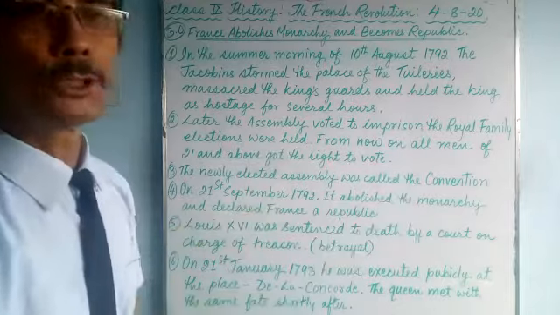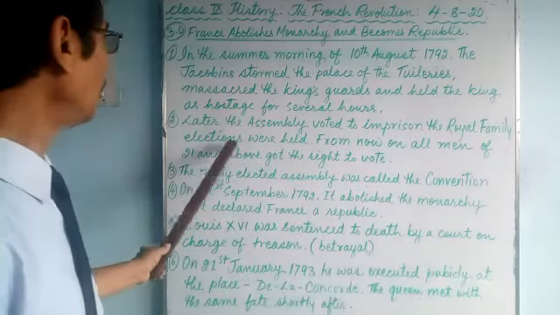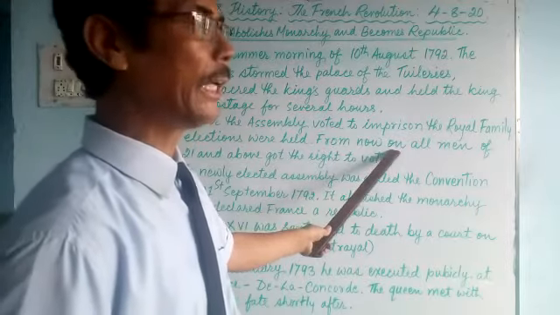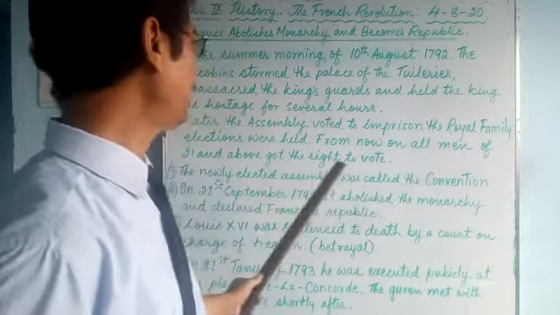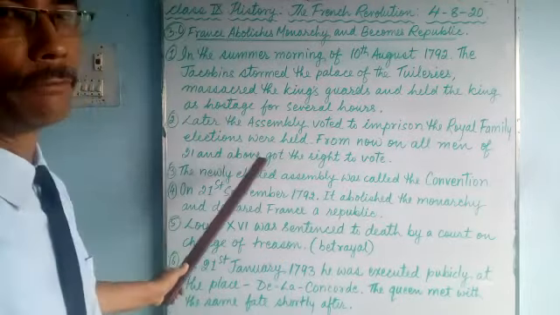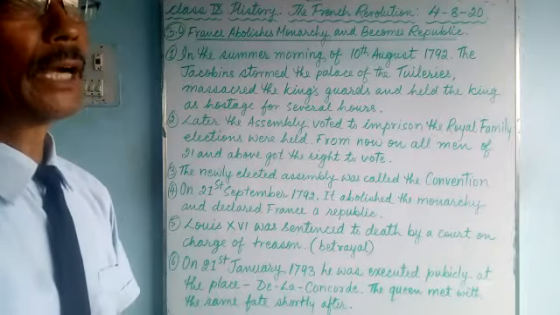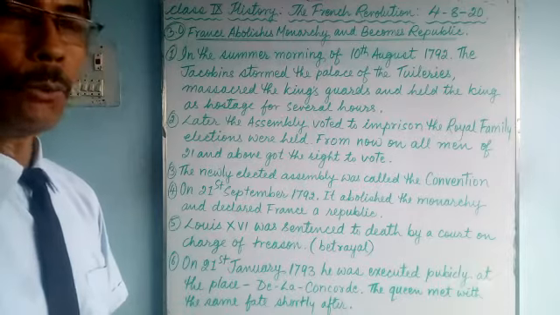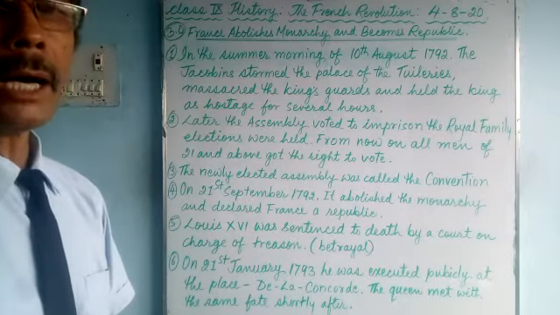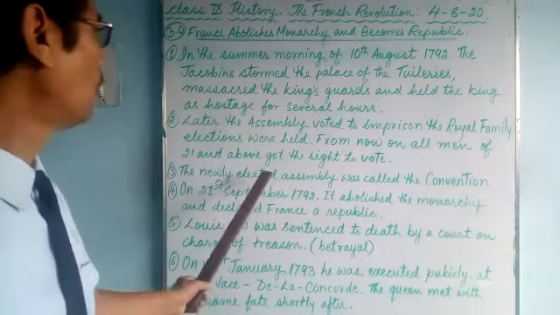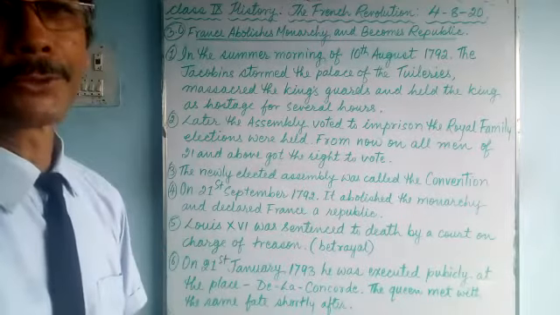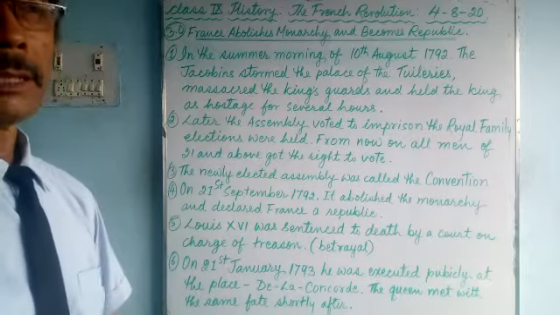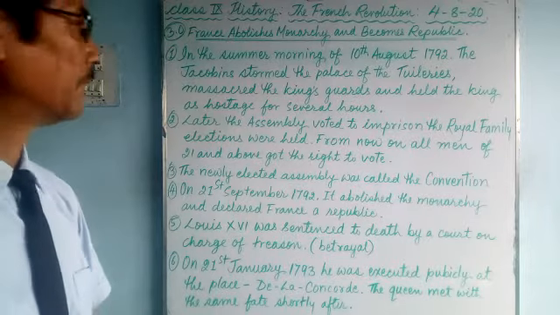The king was put behind bars. From now on, elections were held, and all men of 21 and above, regardless of rich or poor, wealth or poverty, were given the right to vote from there onward. The king was held hostage, and after the voting, he was imprisoned.